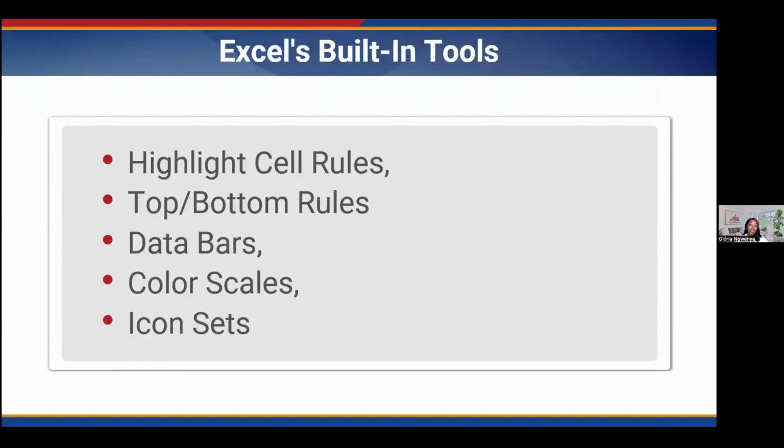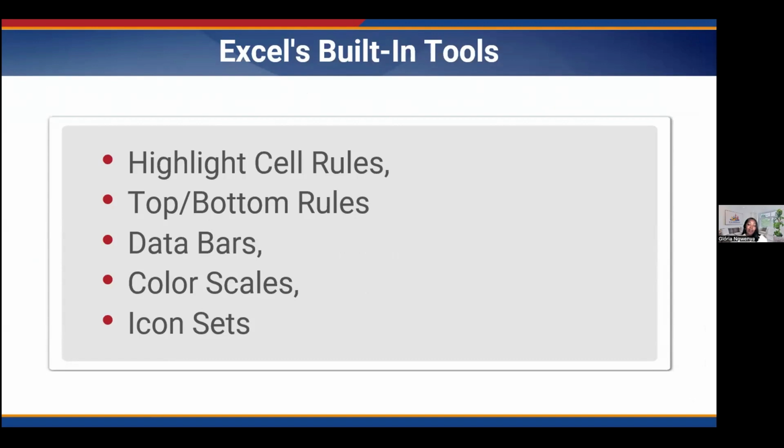All right. So conditional formatting in Excel can be used in 2 different ways. You could use Excel's built-in tools. These are designed to make conditional formatting easy for you to use. Or if you don't find any built-in tool that's going to work for you, you can create a rule from scratch.